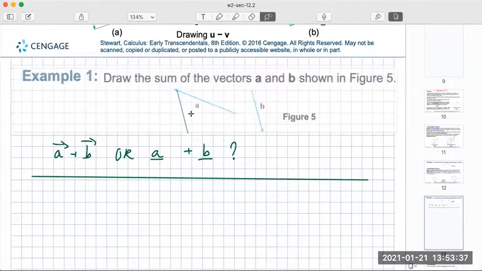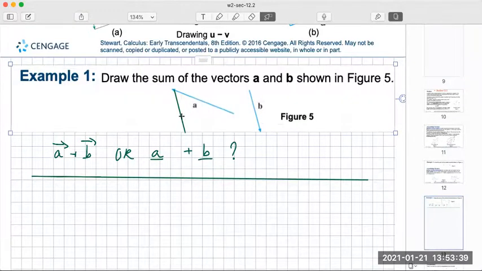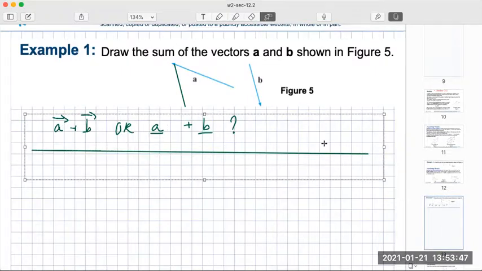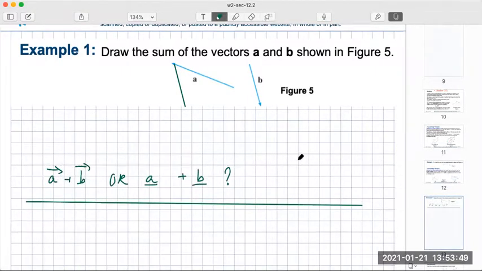The one I just created here. Yeah, they point in the same direction and have the same length, right?